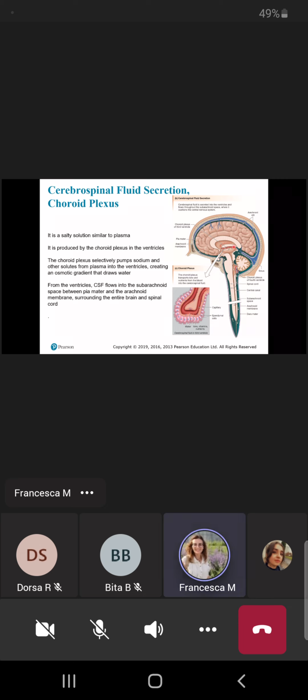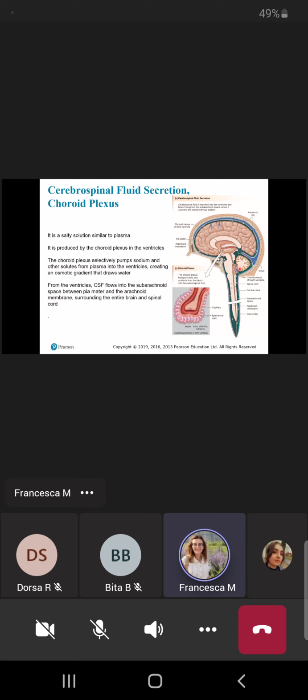This is the lateral ventricle. Down here we have the fourth ventricle, and the cerebrospinal fluid comes from the choroid plexus. The choroid plexus is this red structure that surrounds ventricles in here and down here, close to the third ventricle.